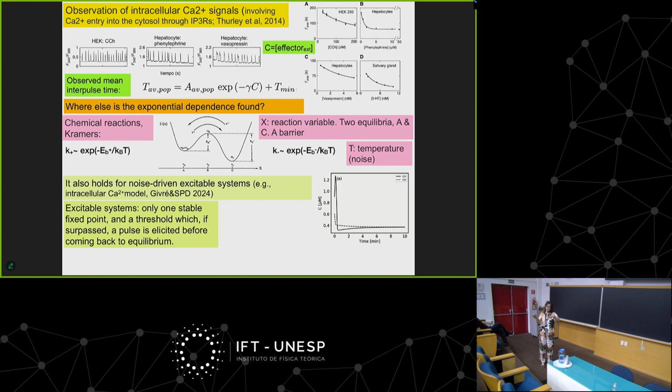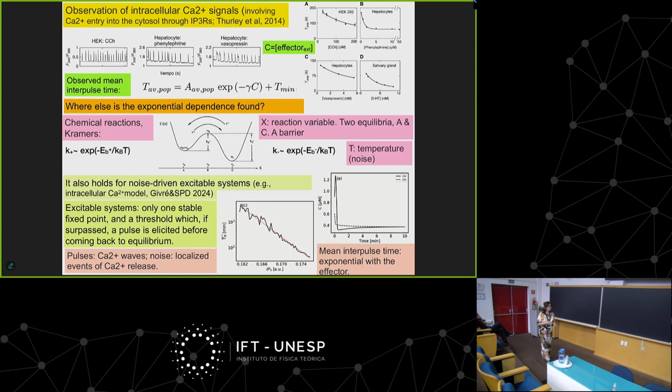So if you have an excitable system with noise, every now and then you have a pulse because noise makes the system cross the threshold. And in these intracellular calcium signals, with a very simple model, we could reproduce the exponential dependence. The noise is because the signals are produced by individual calcium entries from individual channels. And that's the noise, and the level of the threshold, how close you are to the threshold, is regulated by this external stimulus.